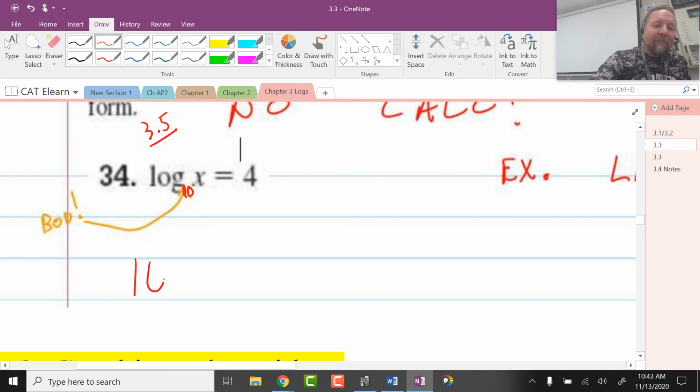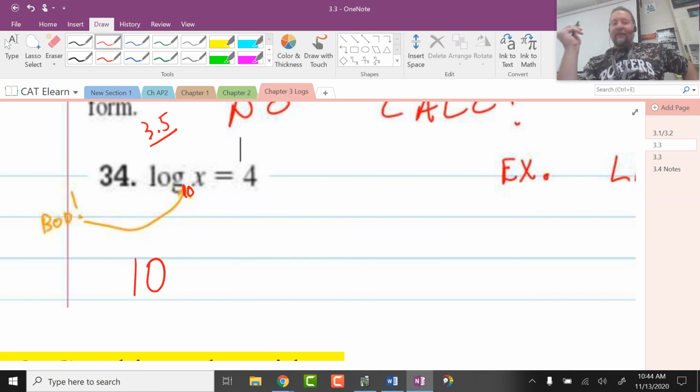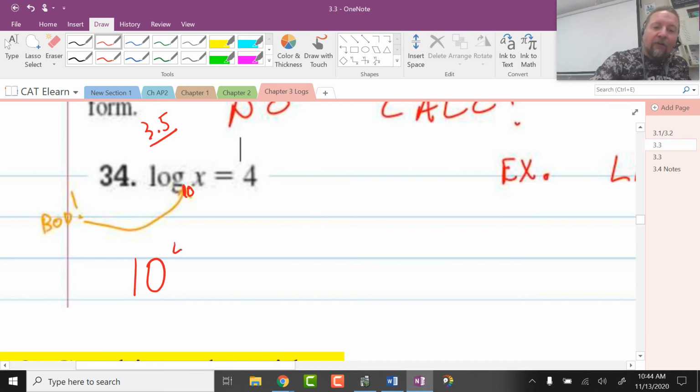Yeah, just stick with it. What's the exponent? This is the whole point of logarithms. If we don't know these positions in a logarithm, we're doomed. It's 4. So when I get rid of the word log, these go in their positions: base 10, exponent 4, and then what's the answer?